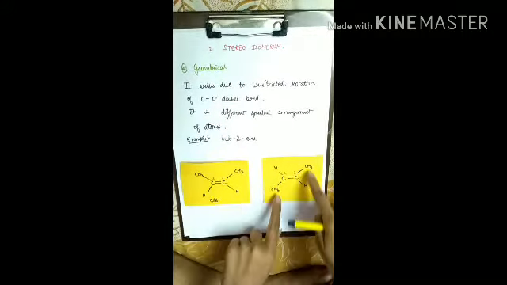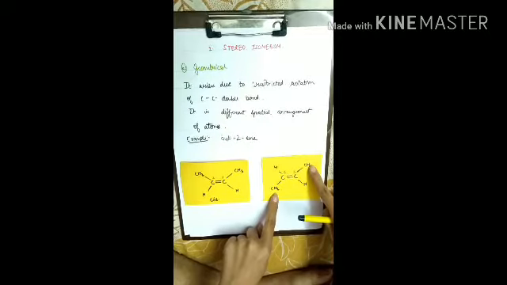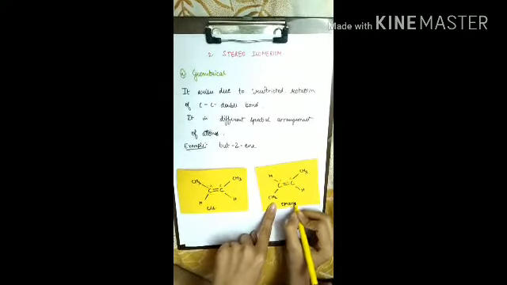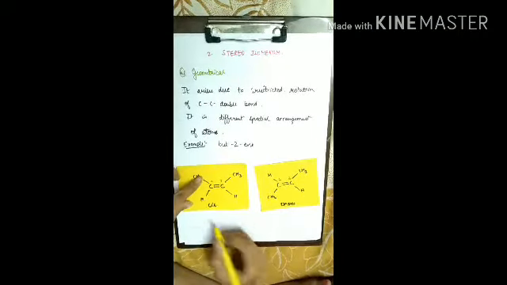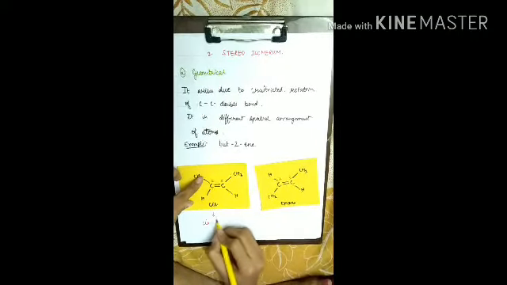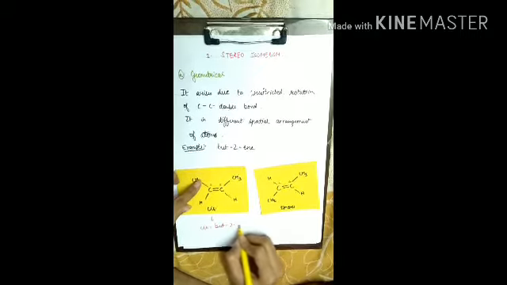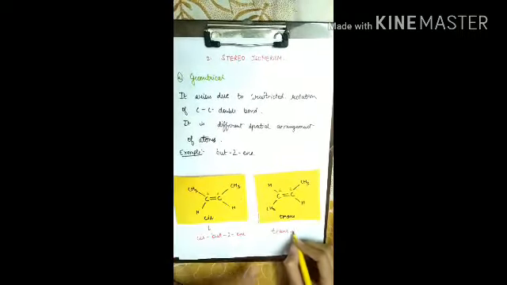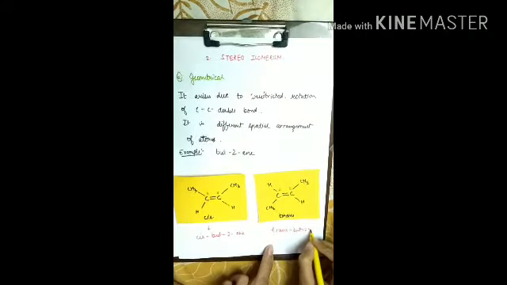And if the identical groups are present on opposite sides of the double bond, it is referred to as the trans isomer. So the name of this molecule is cis-but-2-ene, and the name of this is trans-but-2-ene.